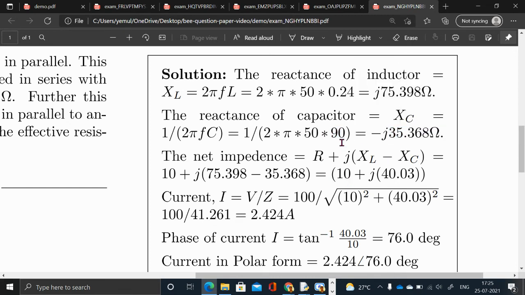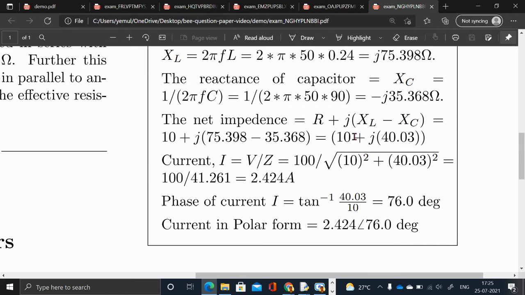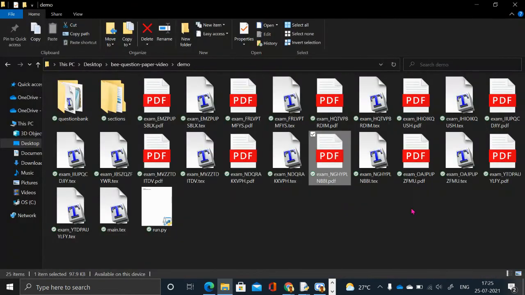Here I have to give 10 to the power of minus 6 because it's micro. And then finally the degrees are also getting calculated. So the magnitude of current is 2.424 amperes at 76.0 degrees.